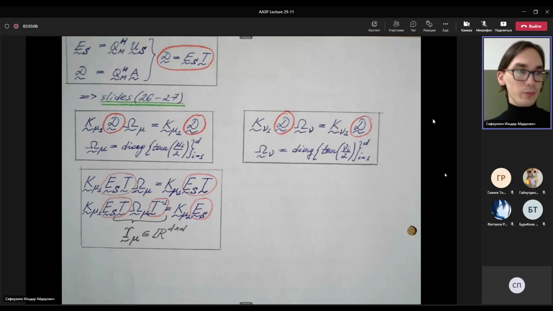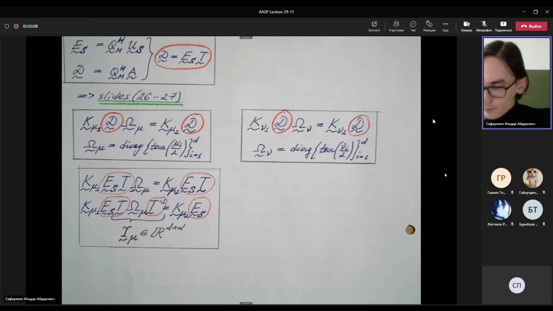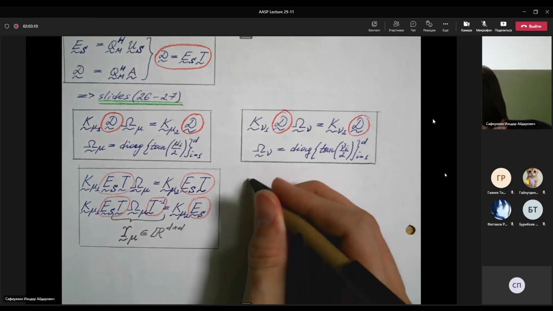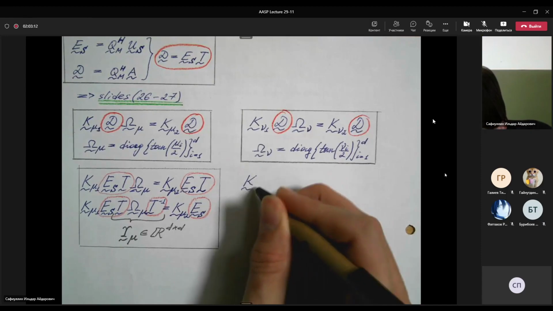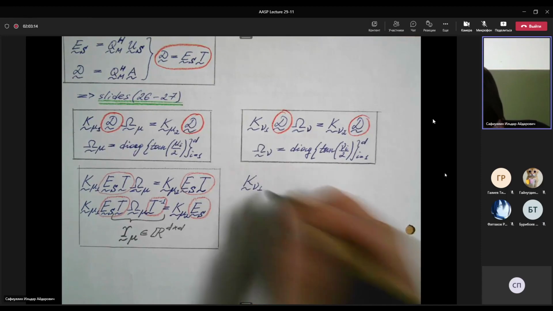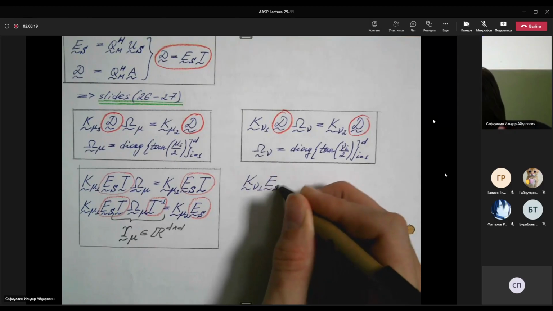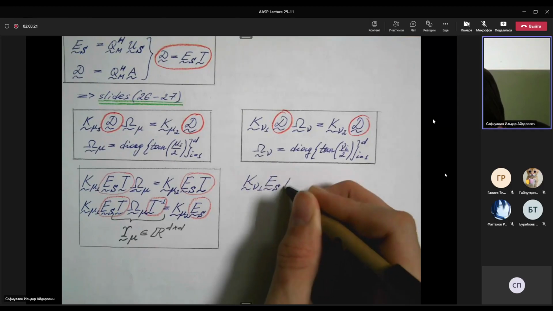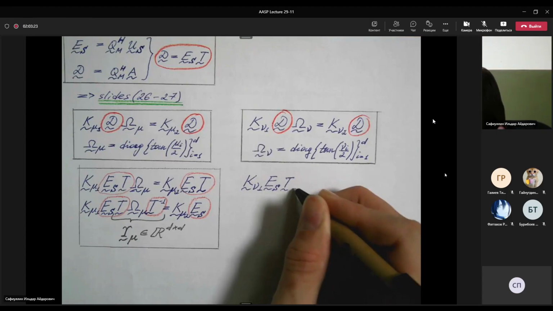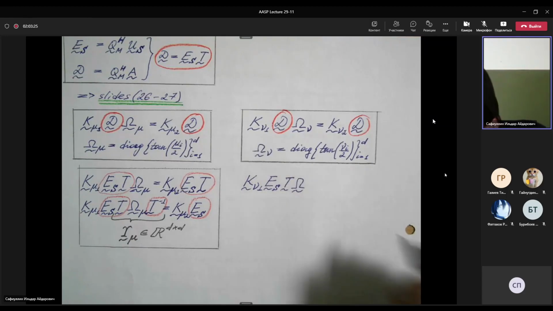So let's rewrite all these things for the y-axis. K sub mu sub 1 times E sub S capital times T times omega nu.